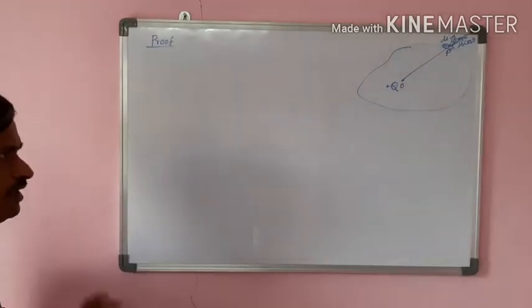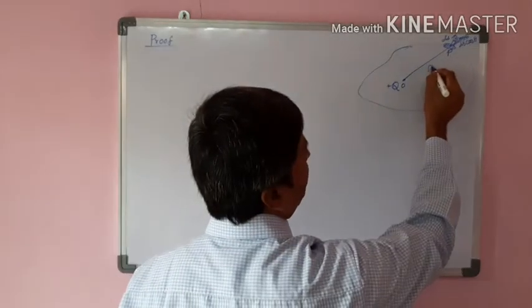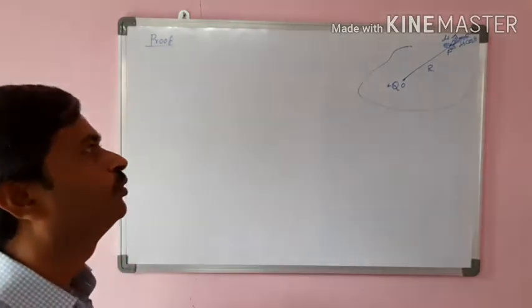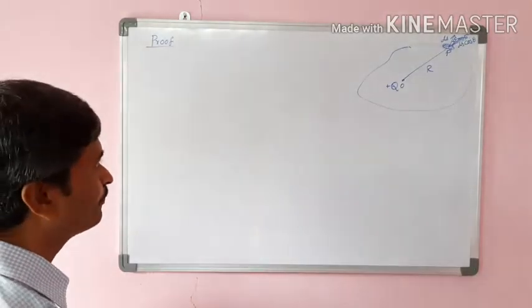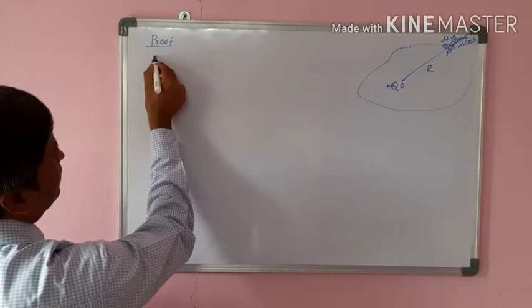Now the radius, let us say capital R, O to P is the radius.